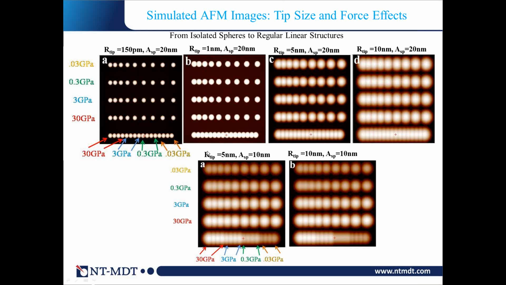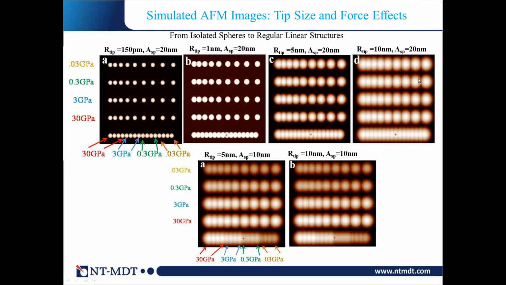Plus, on the bottom slides, you see we change not only the tip size, we also change the force by putting the set point amplitude at half of the free amplitude. And in this case, what we see is that with the increase of the force, and having the same radius, let's say comparing this image and this, the increase of force makes your structures apparently smaller.